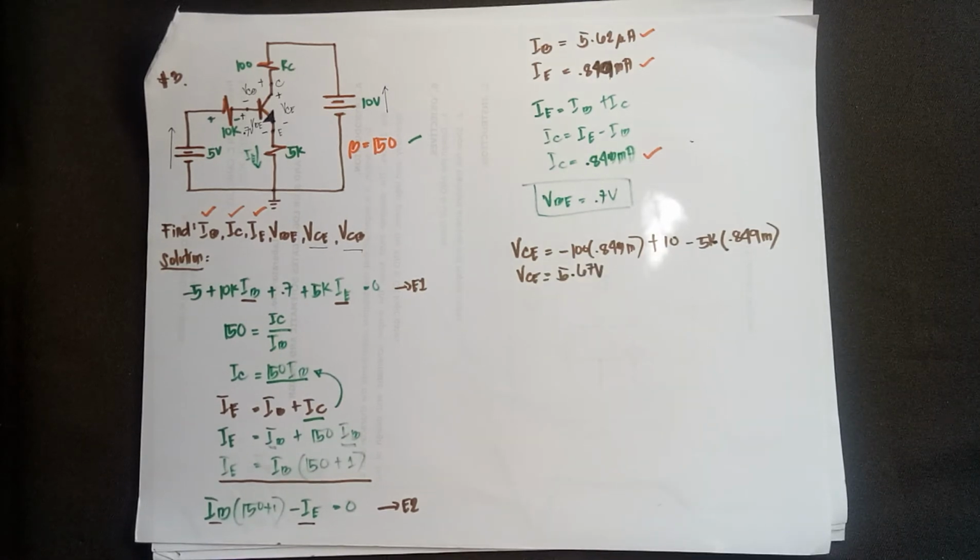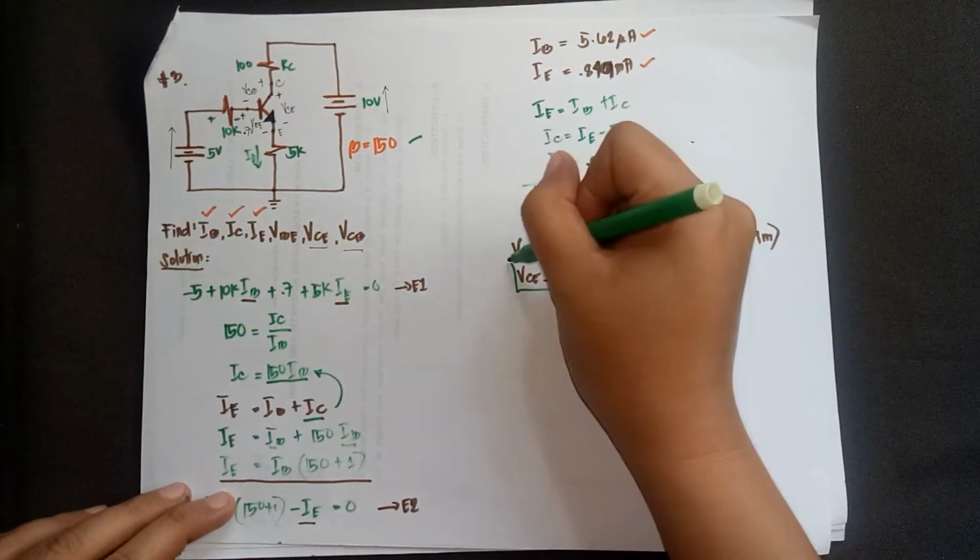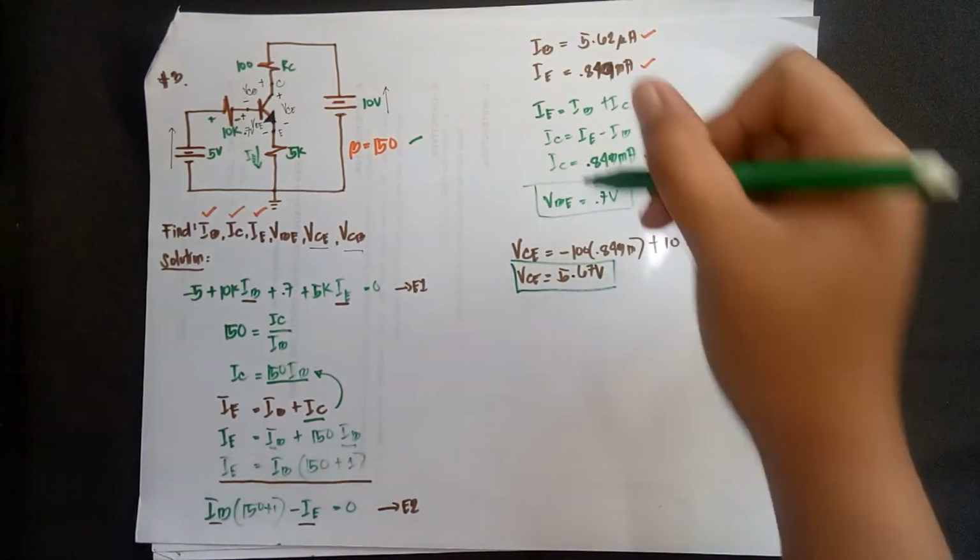Ayan, so we now have VCE, which is equal to 5.67 volts.